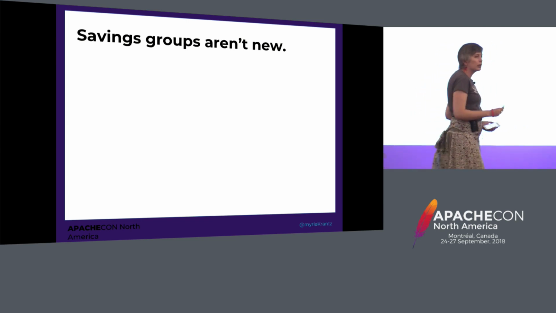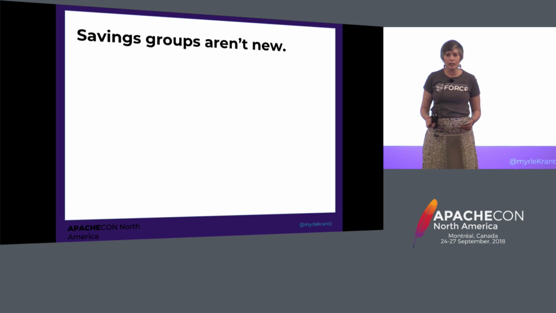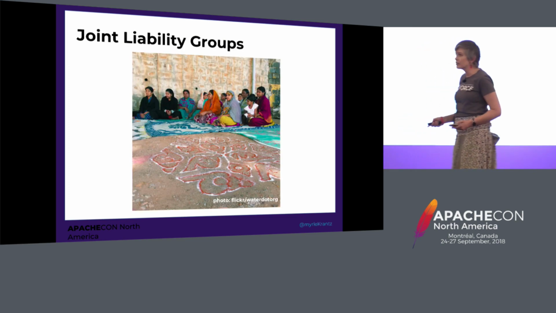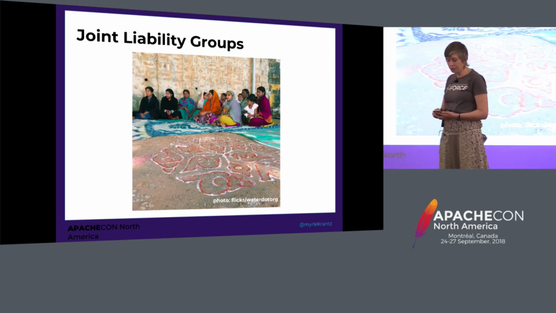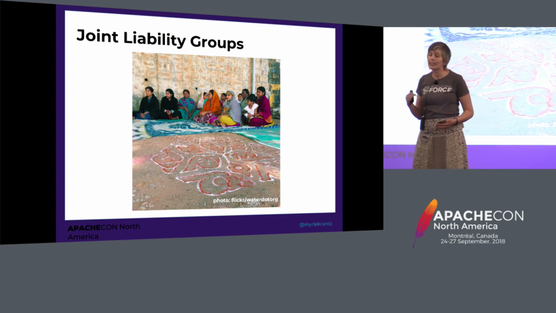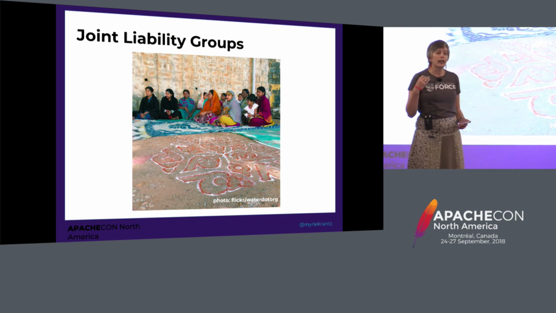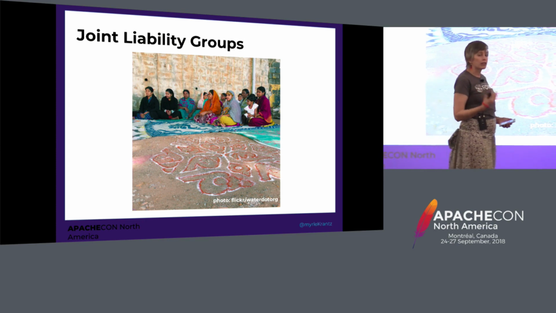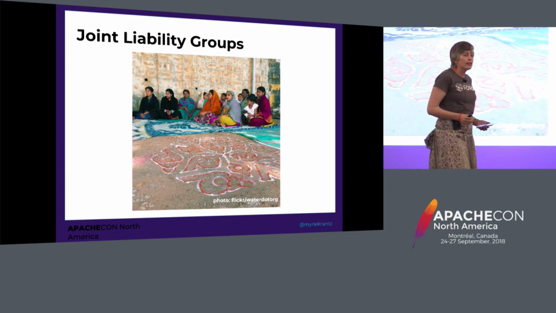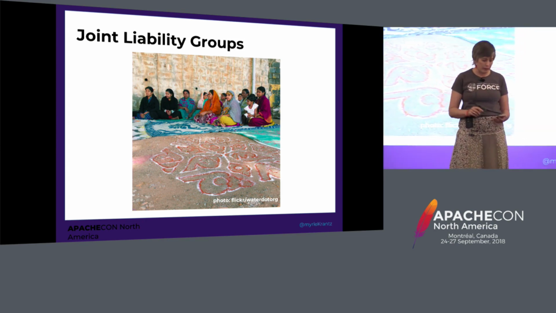There's also another similar idea called joint liability groups, and this is an idea that got its start in India. Unlike savings groups, joint liability groups often involve banks or something called a microfinance institution, sometimes involving a field agent from a bank.